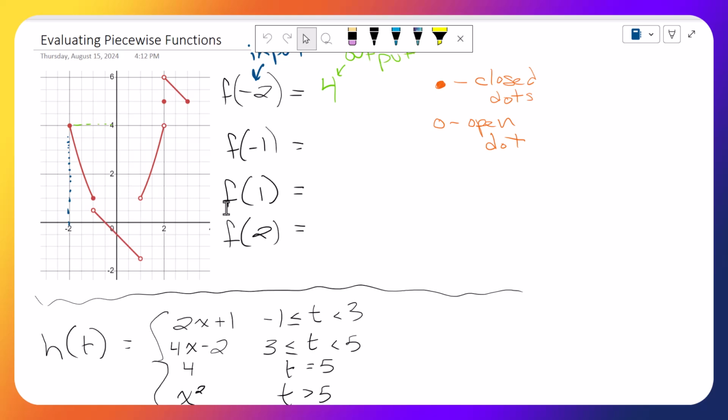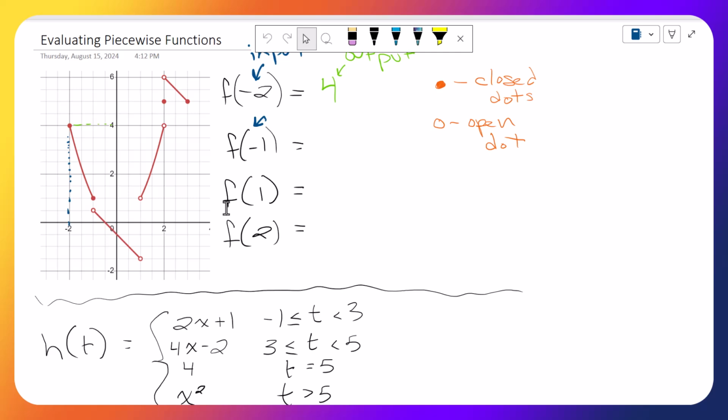What makes piecewise functions tricky is there are going to be open dots in them. A lot of the ones we'll work with will have open dots because they're not as interesting if they don't have open dots. But now we'll look at our input of -1.